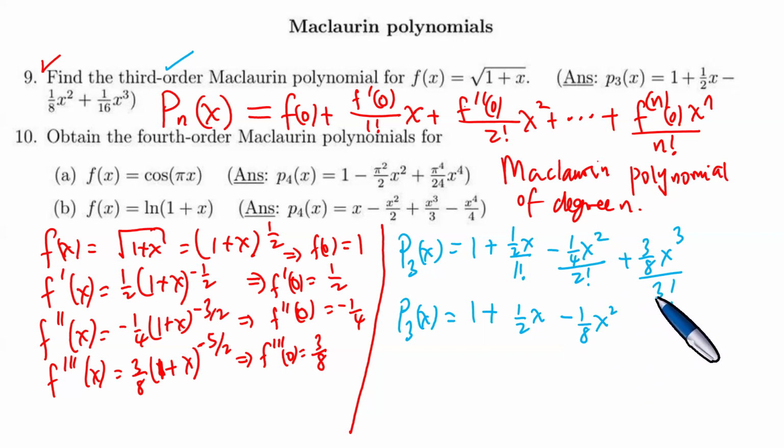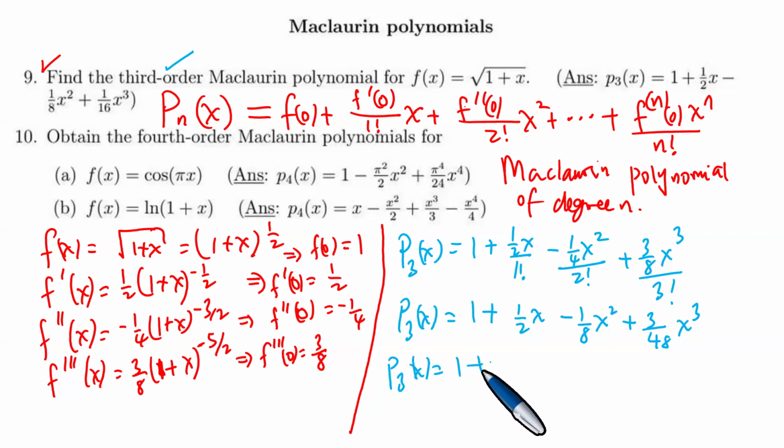And then this 3 factorial, it's 6. What you then have is 3 like this, and then it is 8 times 6, which is 48, 48x cubed.